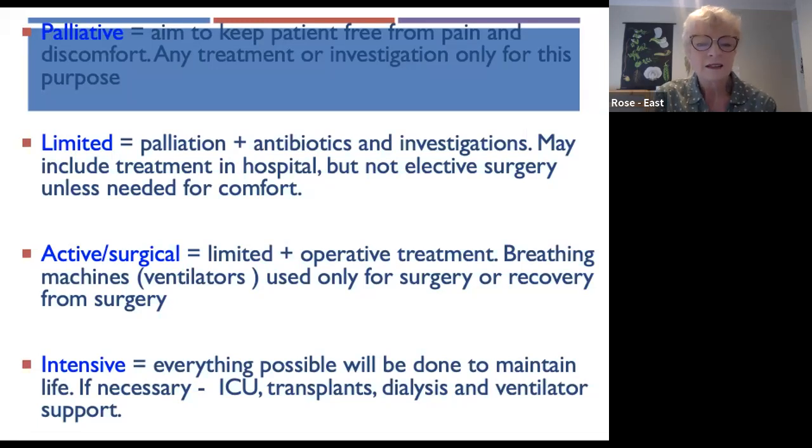So limited treatment can be a bit of palliation plus maybe a trial of some kind of treatment like antibiotics, or we'll do a CT to find out how serious this thing is, and then we'll make a decision, say if they appear to have a bowel obstruction. So they might do an abdo X-ray or a CT just to establish, yes, this is what we're dealing with.